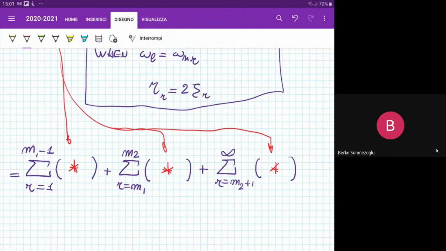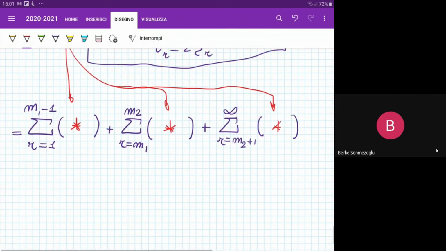And the last summation, from M2 plus 1 to infinity, takes into consideration all the higher frequency modes with respect to my frequency range of interest.